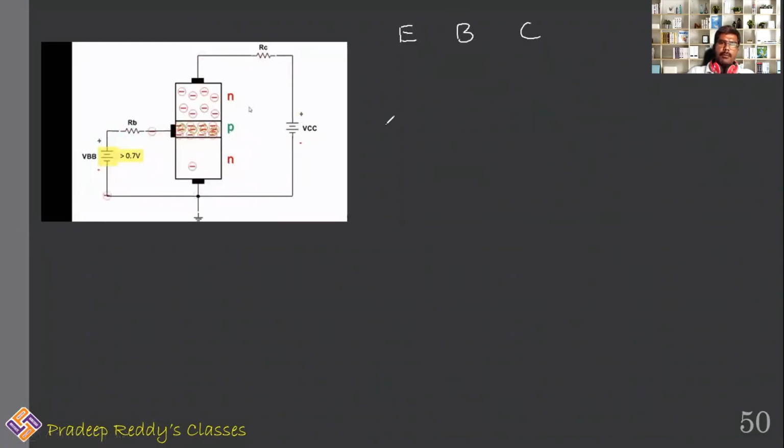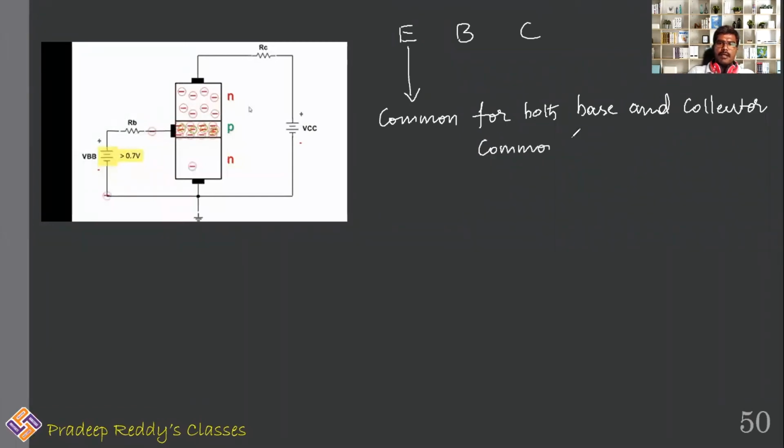Emitter can be common for both base and collector, and that is called common emitter configuration.